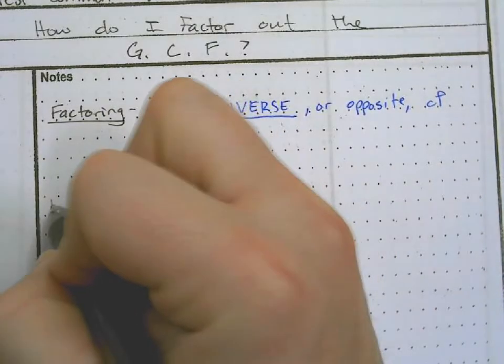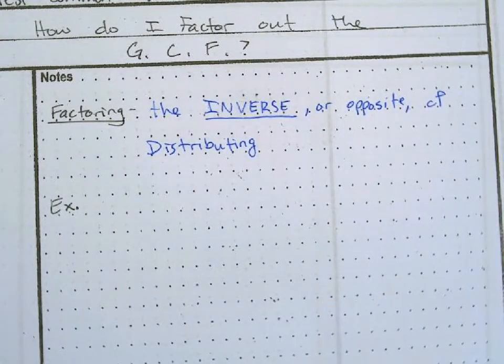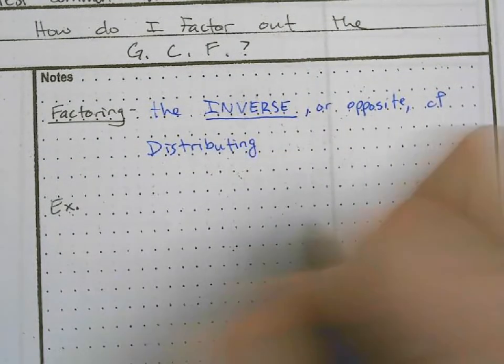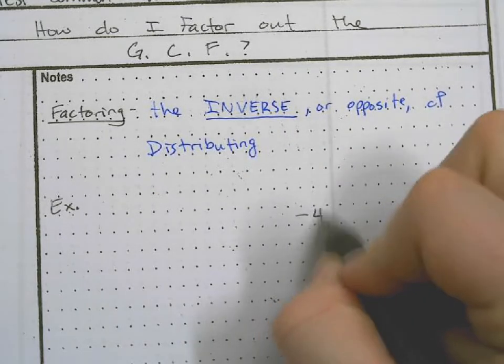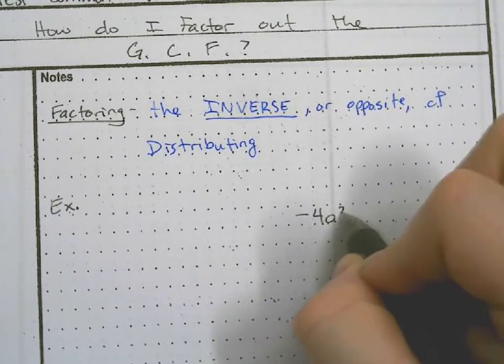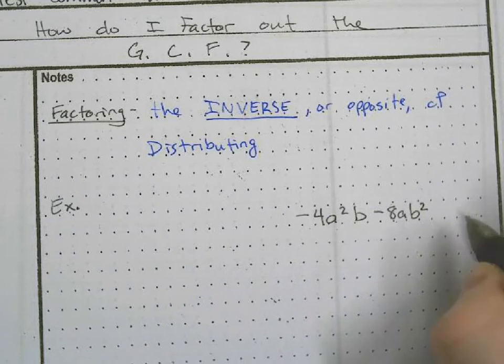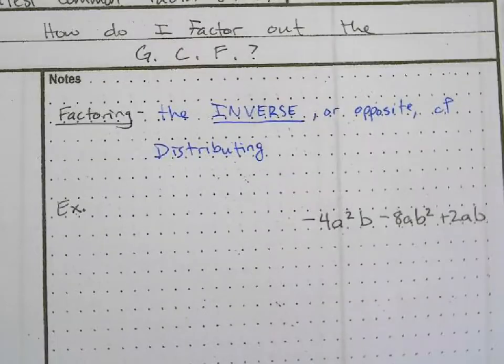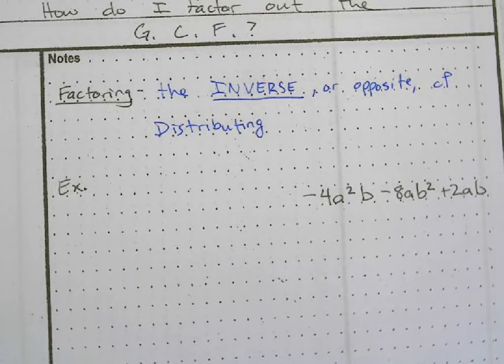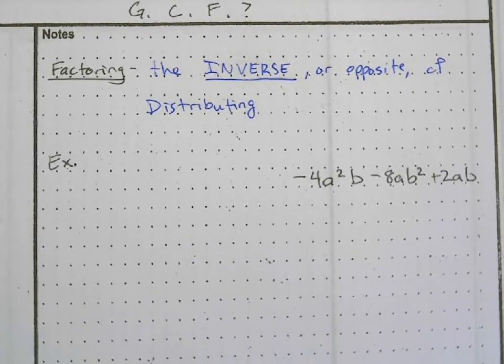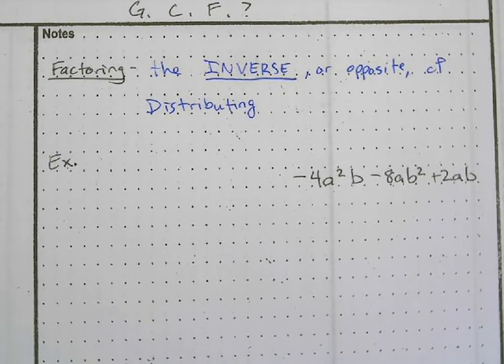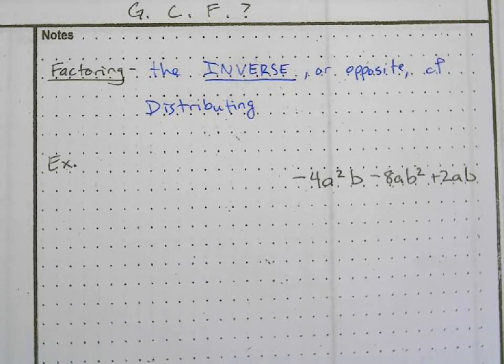So, for example, we will go negative 4a squared b minus 8ab squared plus 2ab. So if it's the opposite of distributing, we're going to be trying to use a lot of dividing to kind of, as I like to say, pull things out.